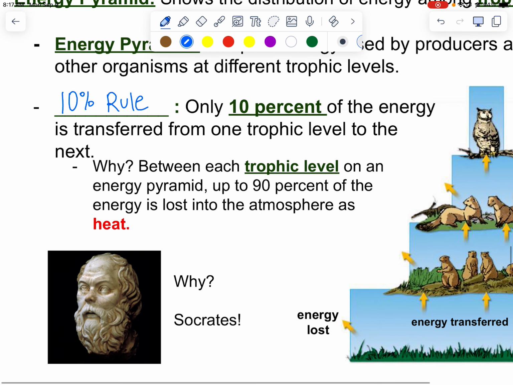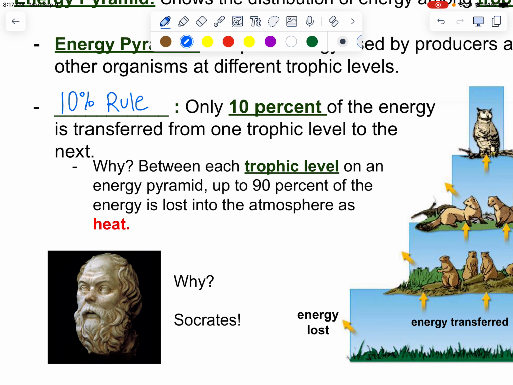Because, if you didn't know this already, not 100% of the energy is going to transfer to the next level. That organism is going to use some of that energy, right, as heat. You've maybe heard of this in middle school, like kinetic energy or some type of energy that's lost to the environment. So it's lost as heat, lost as waste, okay?